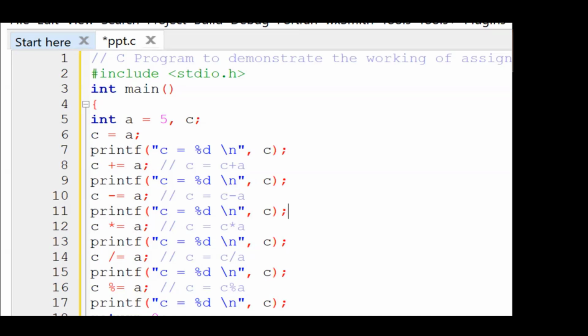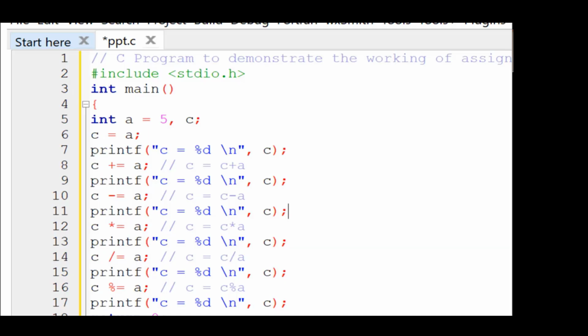Then in line 8, c plus equals a means that c is equal to c plus a. That is the c in line 6 plus the a that has been defined in the variable.